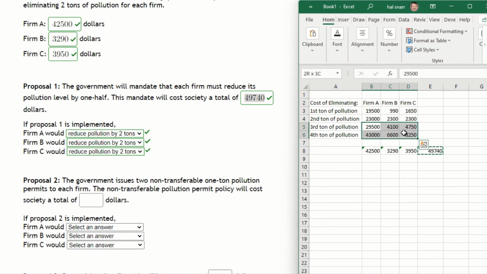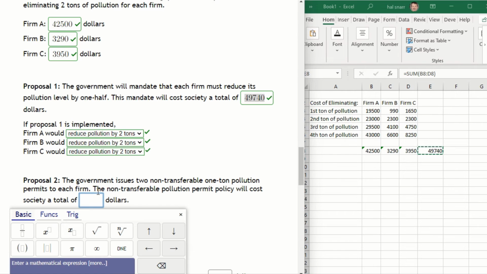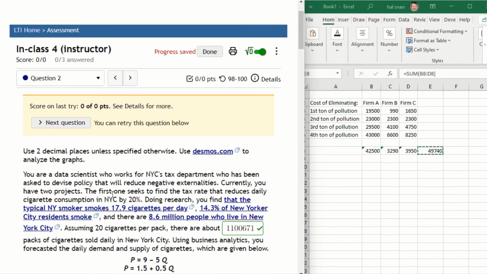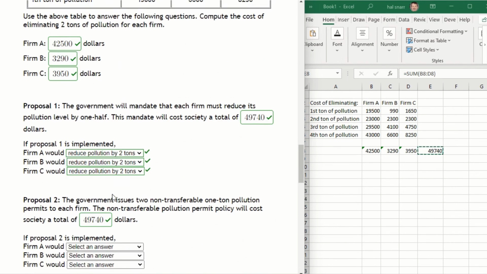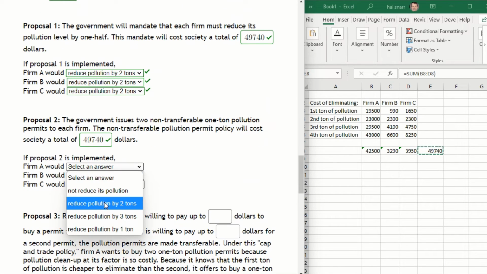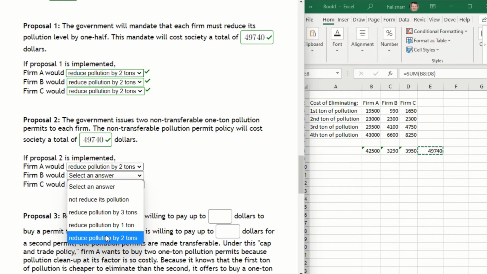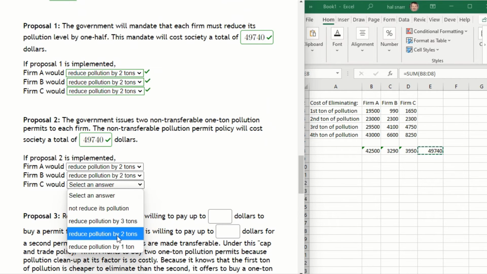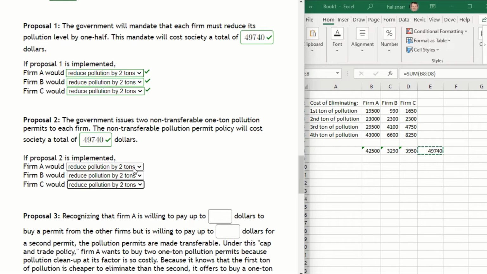So this is the same outcome as a mandate, right? In this particular situation, it's pretty expensive, right? This license to pollute 2 tons is just as costly as the mandate to reduce by 50%, right? Just as expensive. It also results in 2 tons being polluted by firm A, 2 tons being polluted by B, and 2 tons polluted by C, right?